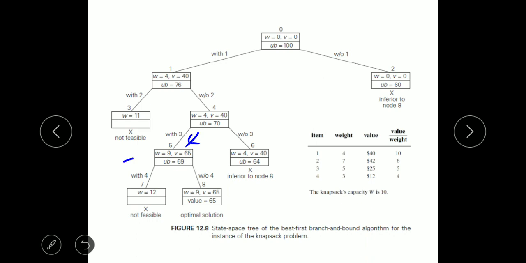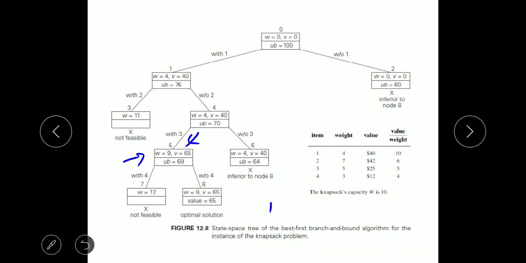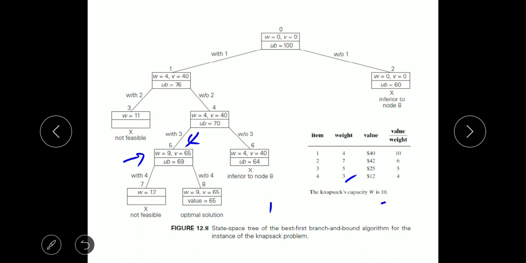So the total weight here is 9, and your left out capacity of the knapsack is exactly 1 unit, right? And the weight of the incoming item is 3, which is greater than 1, right? So therefore the weight would now become 9 plus 3, that is equal to 12, which is greater than the capacity of our knapsack, so it is not feasible, we discard it.